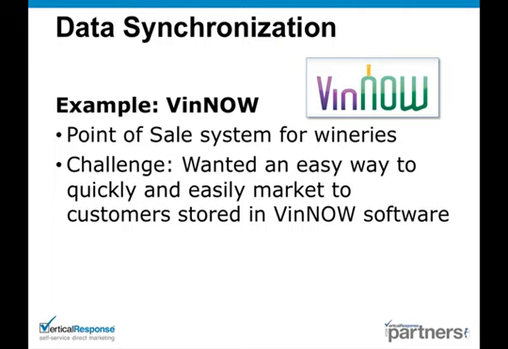All of that can be stored in the system and then can be used to segment that information in order to market to it directly. By integrating with VerticalResponse, they've turned this into a very seamless experience that doesn't require any kind of downloading and re-uploading of lists or anything like that. It's all built into the system.